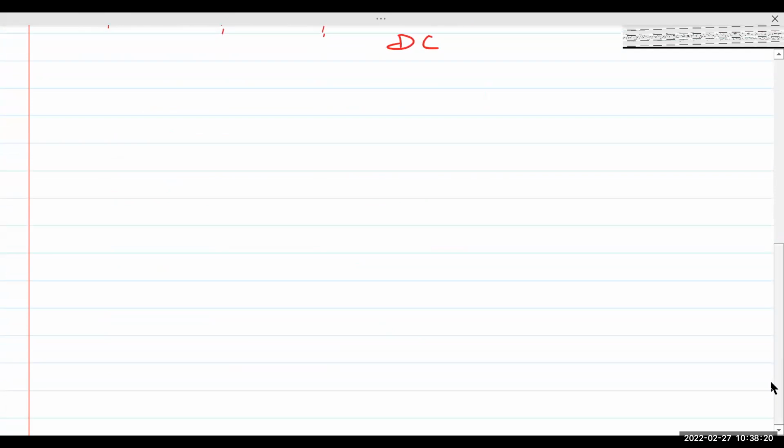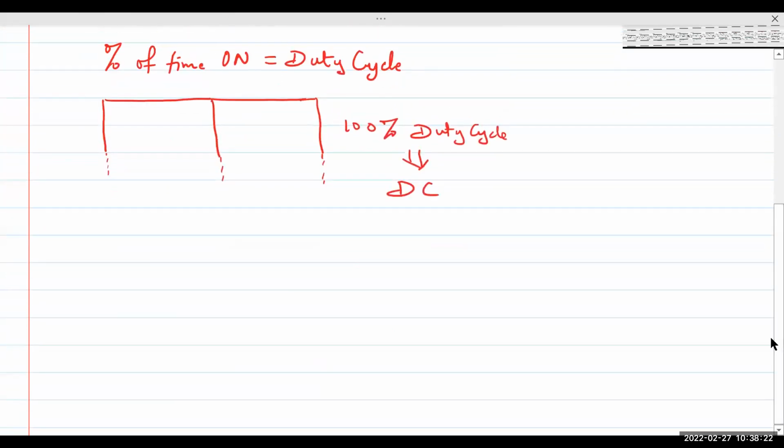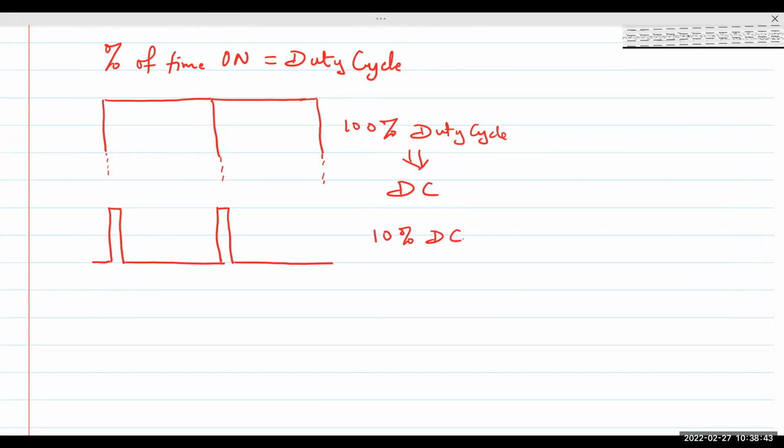If we set the duty cycle to 10%, or 10% on, we get a very thin rectangular pulse. The rest of the time it's off, and then again, it's on for 10% of the cycle, and then it's off. So this is approximately a 10% duty cycle.